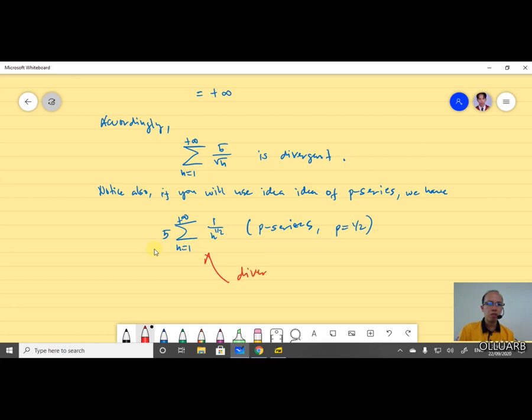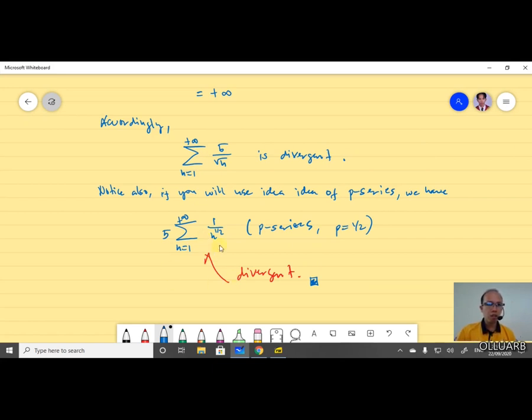with p equal to 1 half, and it says that this is divergent. So if you use the idea of the integral test, you will see that the idea of the p series and the integral test differ much.